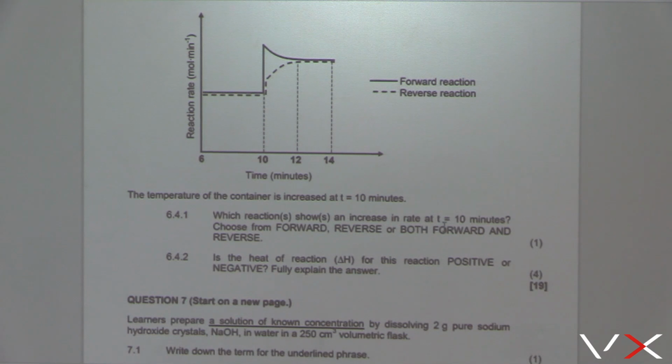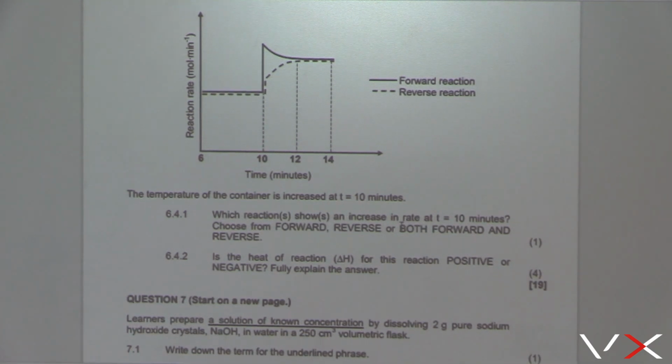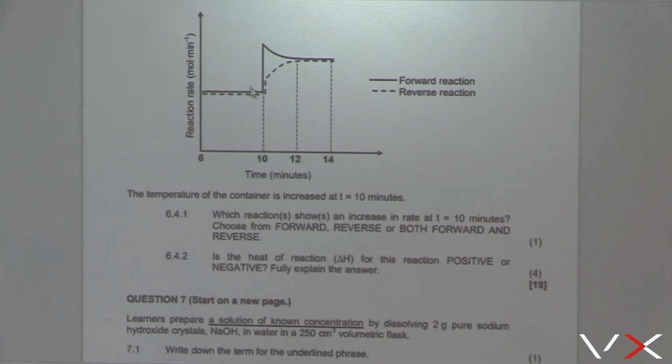The temperature of the container is increased at the time of 10 minutes. Which reaction shows an increase in rates: forward, reverse, or both forward and reverse? Both forward and reverse get an increase.